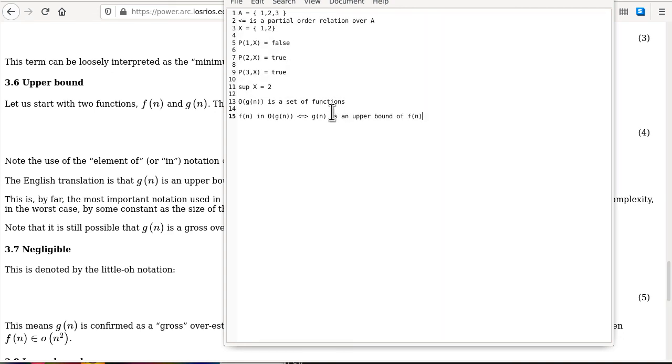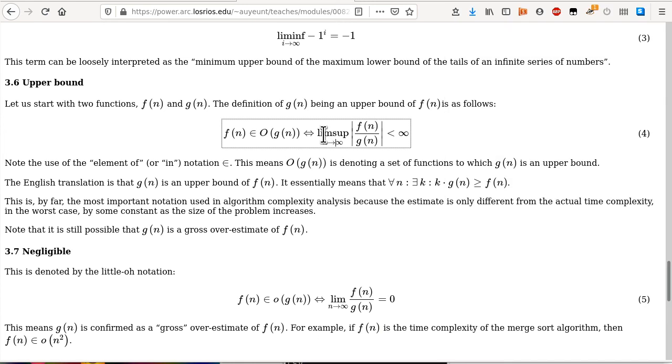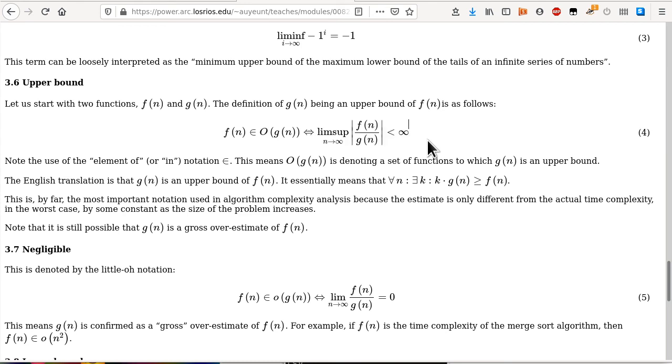So now the question is, what do you mean by g of n is an upper bound of f of n? What does that mean? It means this is true. When you look at this portion here, this is a comparison, and a comparison can only tell you whether it is true or false.